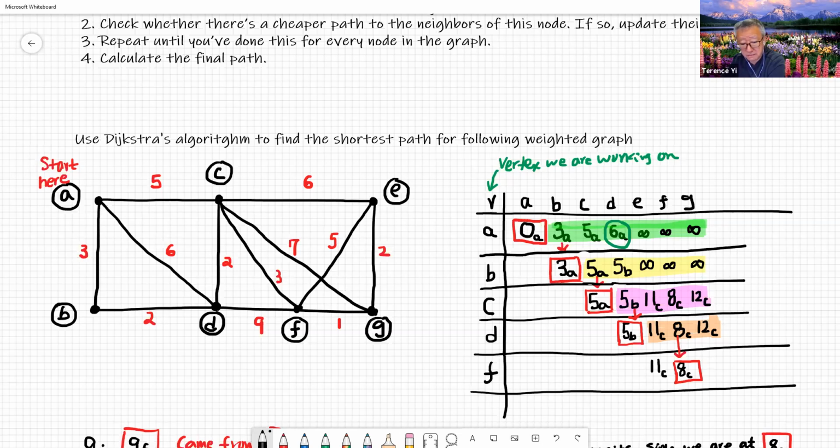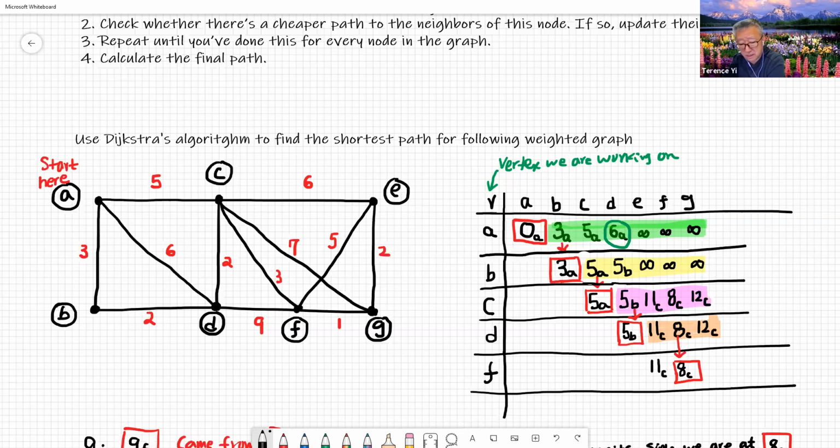We could not go directly from D to G here, but previously, if you look at this table carefully, from C to G was 7, and C to A was 5. So 7 plus 5 was 12, and that's what we had before at the C, right?